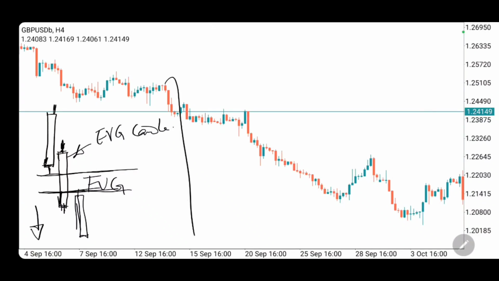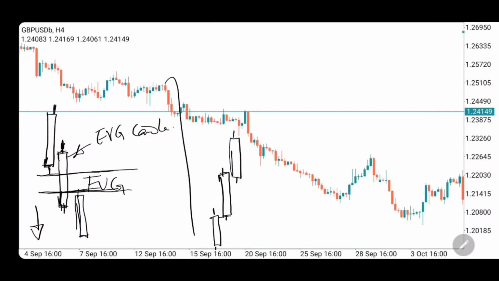Now for a buy scenario, you have something like this, a bullish candle, and now you have another long candle. FVG candles are usually long candles, longer than the average candle in a particular range. Now you have another candle right here.